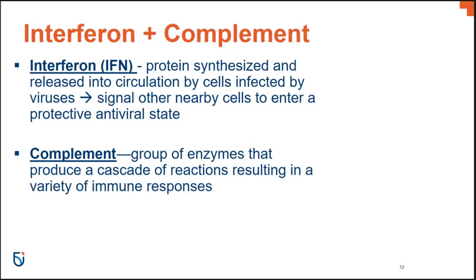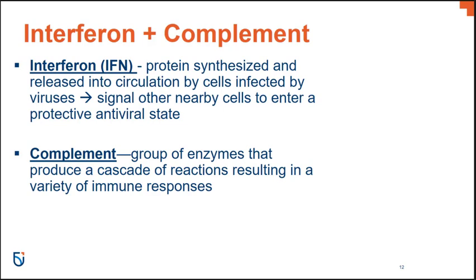Complement is the name given to each of a group of inactive enzymes that end up being activated in a cascade of chemical reactions, which will end up resulting in a variety of different immune responses. Ultimately, the complement cascade is going to cause lysis or rupturing of foreign cells. Complement proteins essentially complement or aid in the immune response.